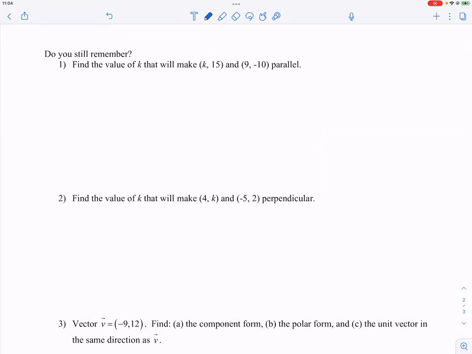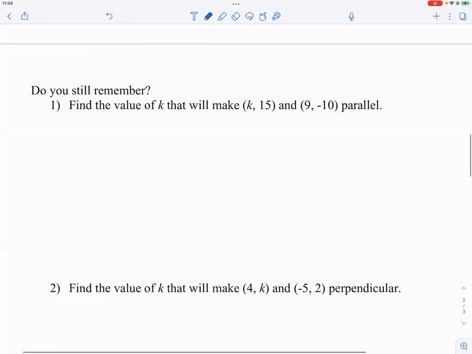Okay. Now, when two vectors are parallel, that means they must be a multiple, or they must share the same scale factor for both x and y.